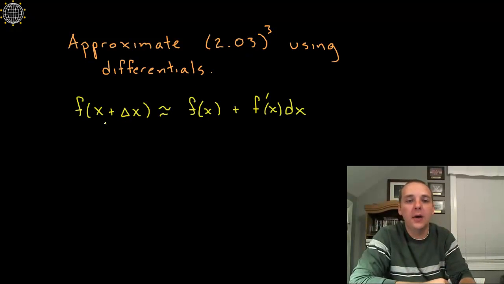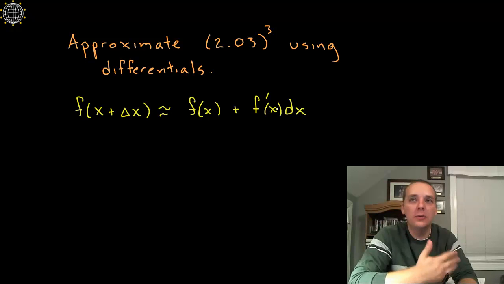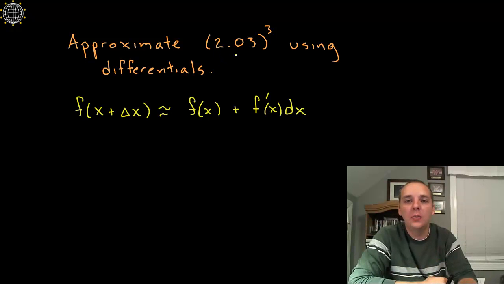And it turns out to evaluate that function at the ugly x value, like 2.03, what you can do is simply take the y value at the nice x value, like 2, and then add in what I like to call this corrective factor, this fine-tuning factor that gets you exactly or close to the y value at 2.03 cubed, rather than just 2 cubed.